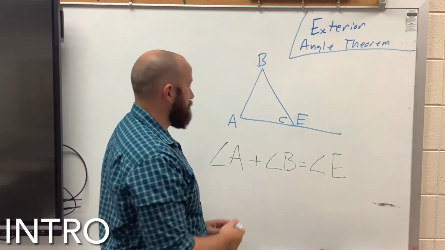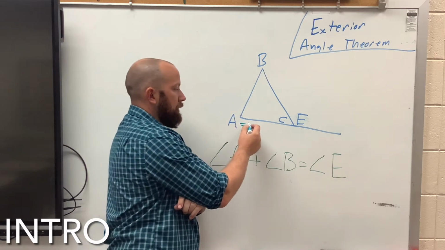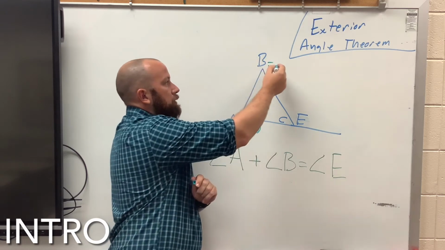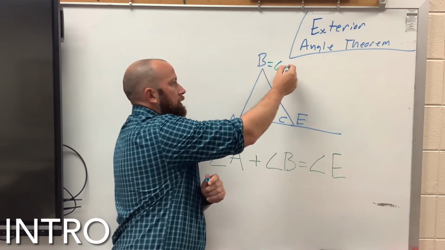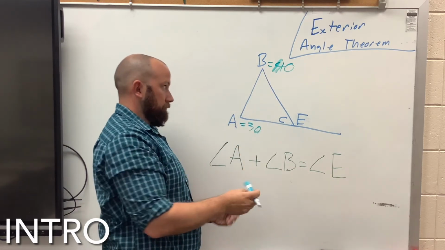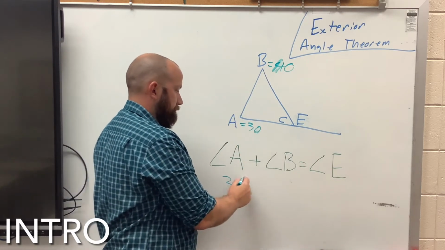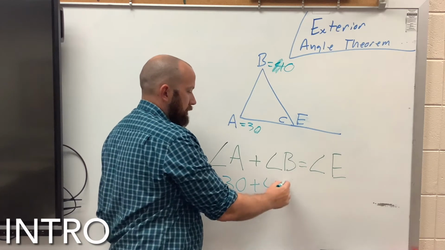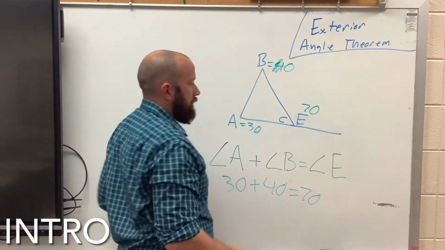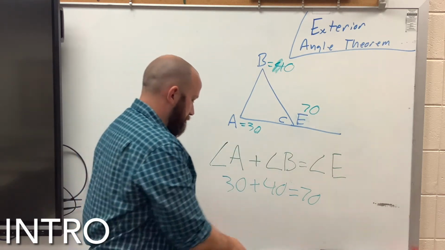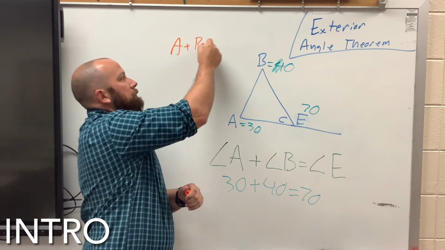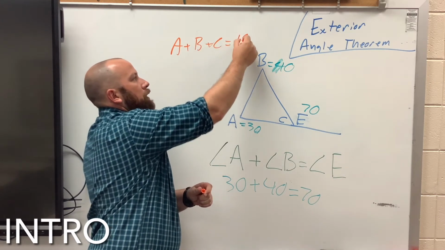So for an example, if I say A is equal to 30 and B is equal to 40, 30 plus 40 equals 70. Now if you want to go back to the angle sum theory, which is A plus B plus C will have to equal 180.